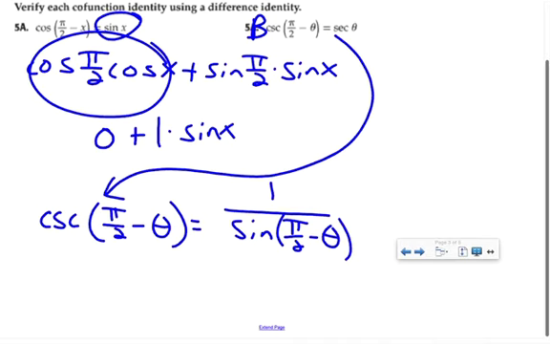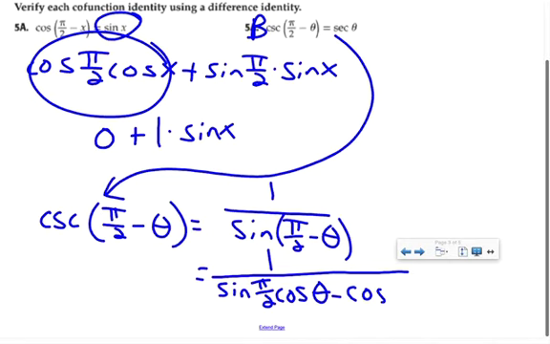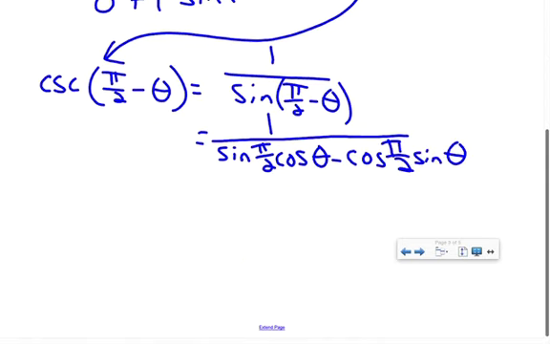And now I'm going to use the difference identity that we saw on the first screen. So that'll be 1 over sine of pi over 2 cosine theta minus cosine pi over 2 sine theta.